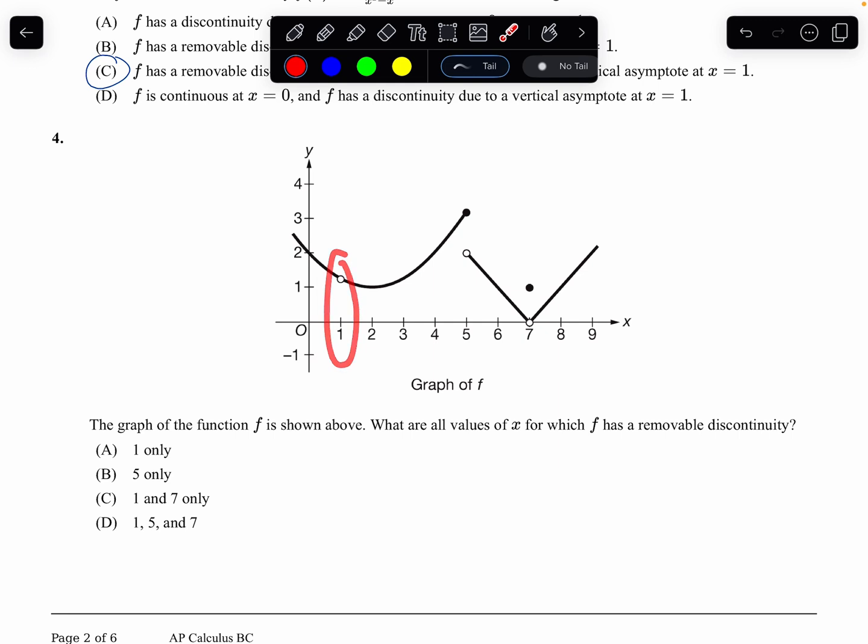So 1 and 7. 5 does not work because if I redefine it from 3 to 2, that would not make it continuous. We would still have this jump. The only way to make it continuous at x equals 5 is if this function right here was moved up to join it right there.